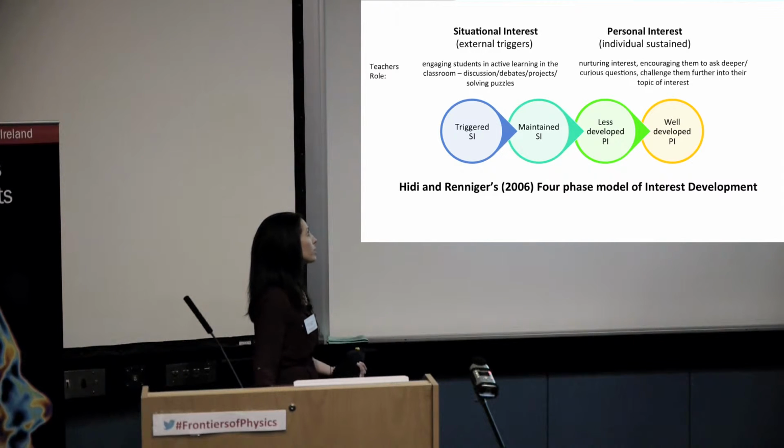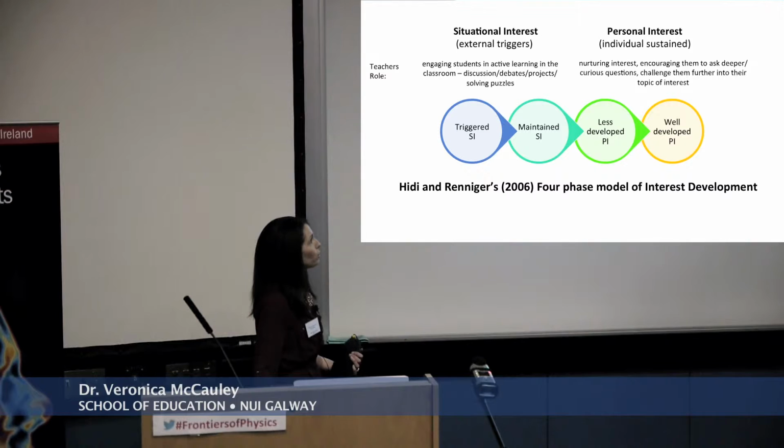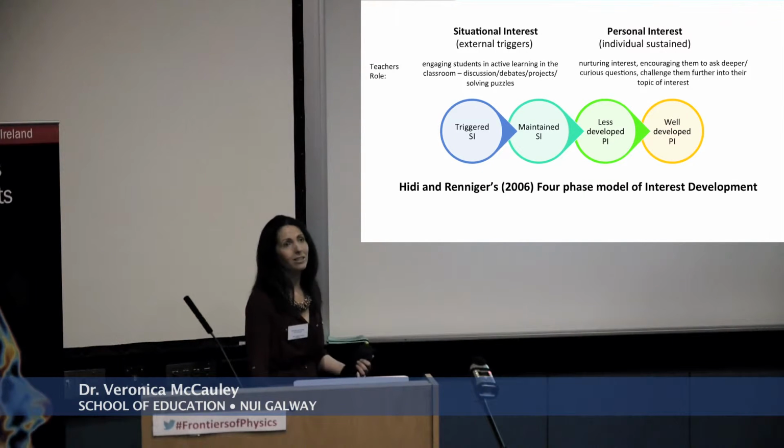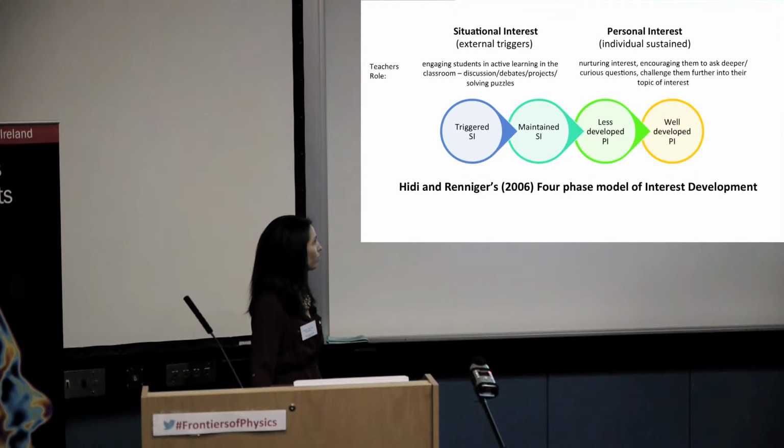Situational interest, which is more short-lived, is sort of an external trigger just to excite students in the moment, almost like an explosive demonstration in the science classroom. The ultimate aim would be to move the students towards a sustained personal interest, where eventually these students might take science as a subject that they want to further into their careers.